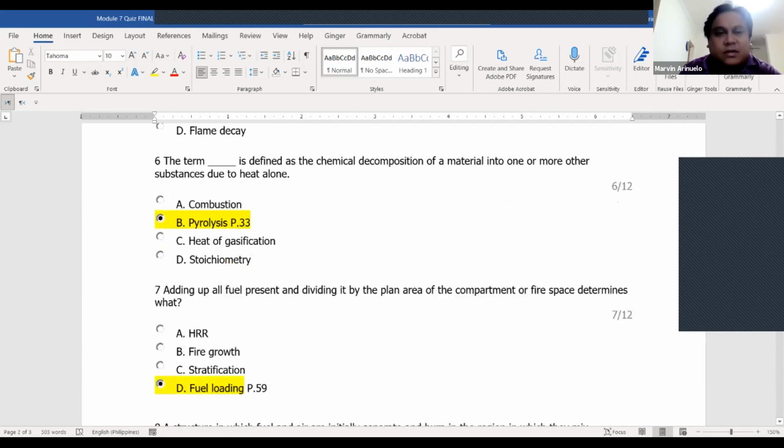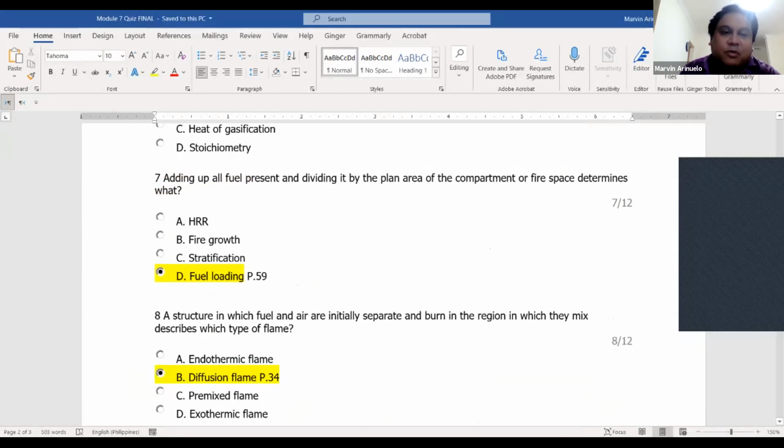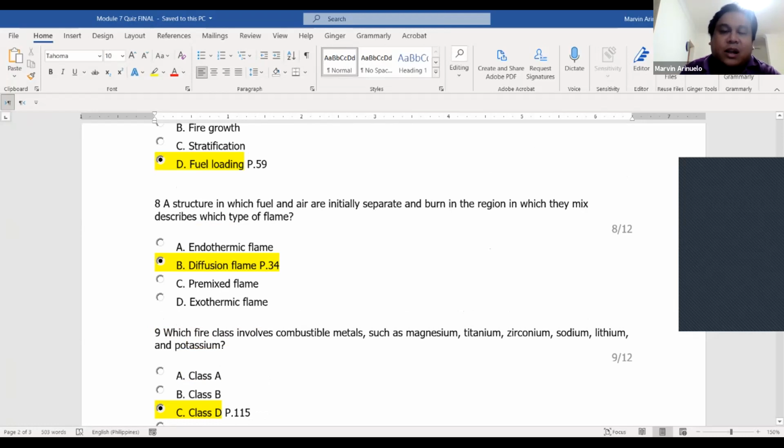The term pyrolysis is defined as the chemical decomposition of a material into one or more other substances because of heat alone. Adding up all fuel present and dividing it by the floor area of the compartment or the space determines the fuel load, page 59 of your handouts. A flame in which fuel and air are initially separate and burn in the region in which they mix is a diffusion flame, page 34.